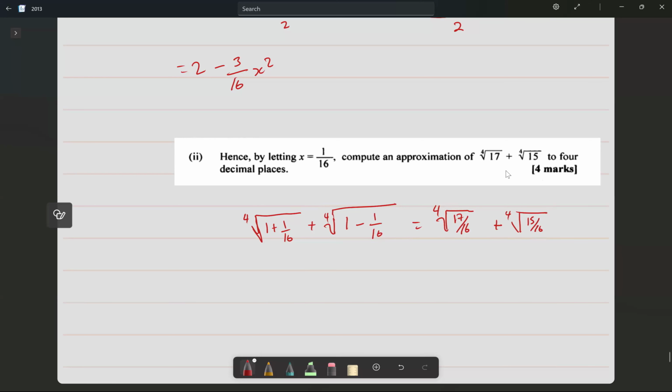We're going to plug in our answer. This gives us 2 minus 3 over 16. The x in this case is 1 over 16 squared. Plug it in a calculator. So that's 2 minus 3 over 16 times 1 over 16 squared.